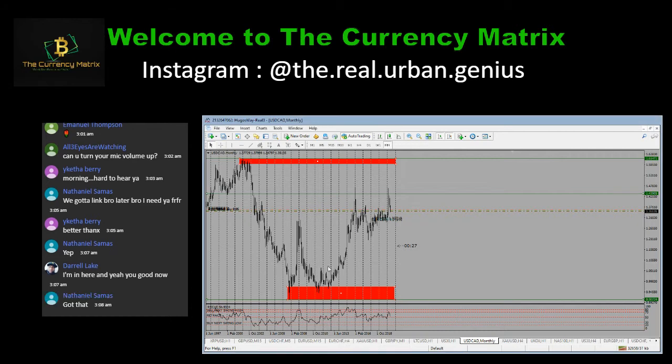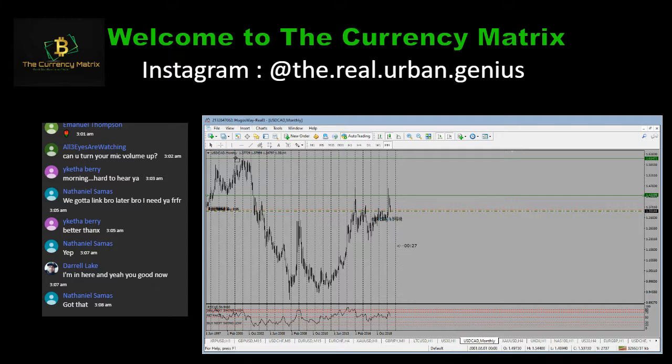Okay, smooth. Again, all I'm doing right now is my top down, starting from the monthly and working my way down.